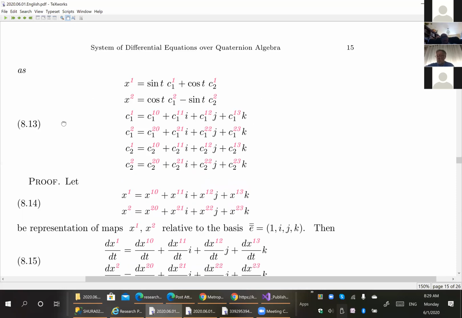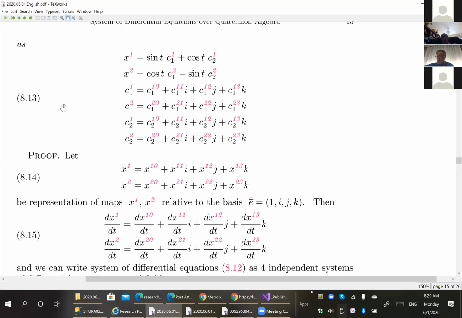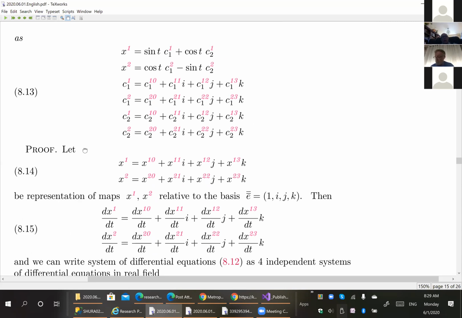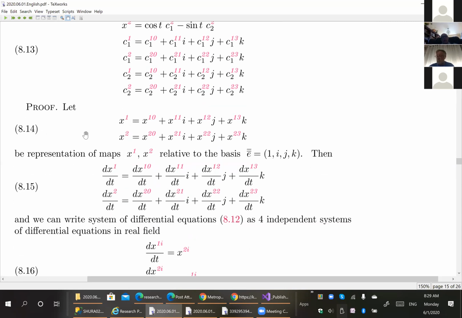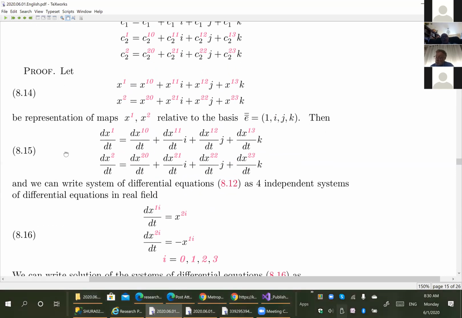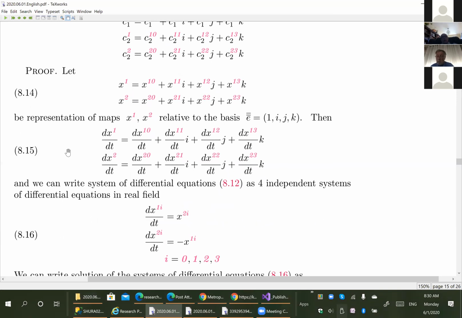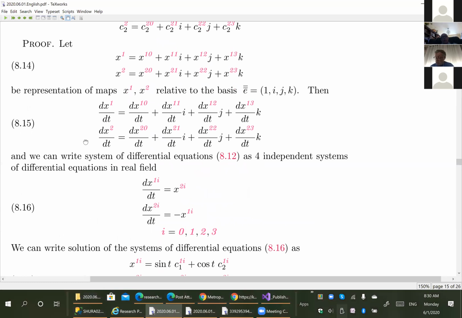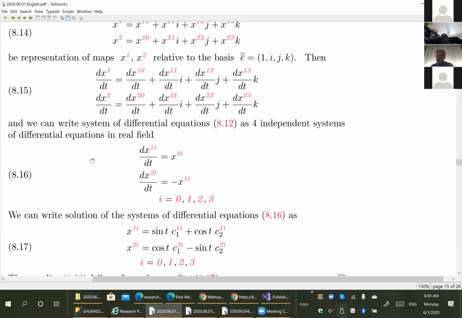How do I get this solution? It's very simple. Using the basis 1, i, j, k, I present the expansion of the functions x1, x2 over quaternions, and at the same time the expansion of the derivatives. So for each quaternion component 0, 1, 2, 3, I have four independent systems of differential equations.